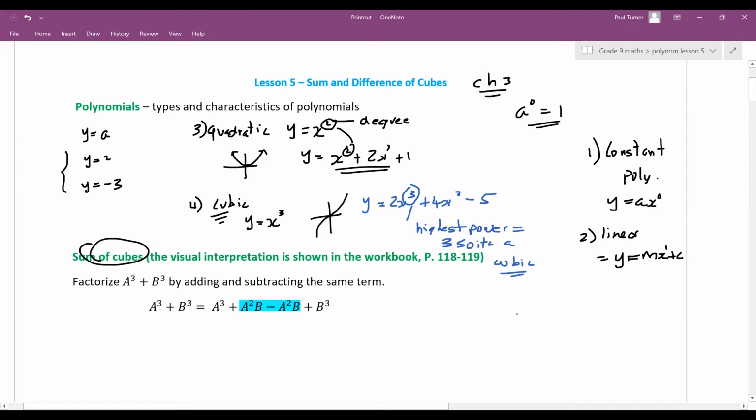Cube is easy to remember, power 3. When you see a cube and you want area, x times x, or the volume, x times x times x, the volume is x cubed, isn't it? So it's easy to remember the name. It's a cubic polynomial. And lots of applications for this as well, which you'll learn a bit more later.